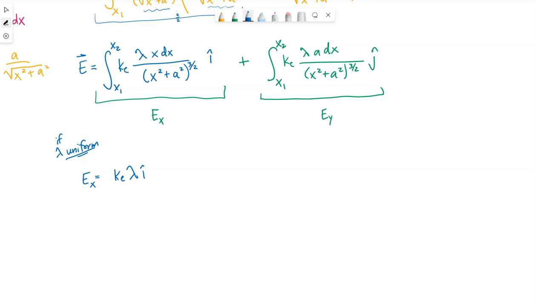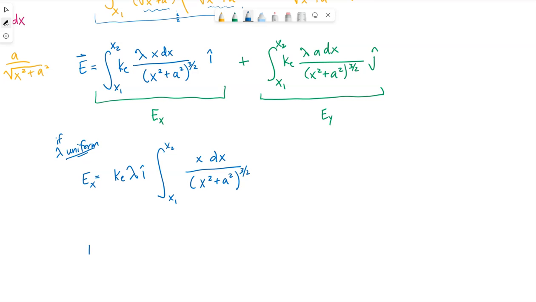I can pull the i hat in front as well if I'd like. And I'm left with x dx over this quantity of x squared plus a squared to the 3/2.